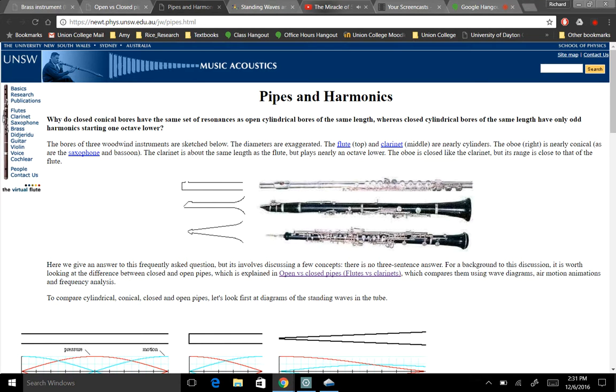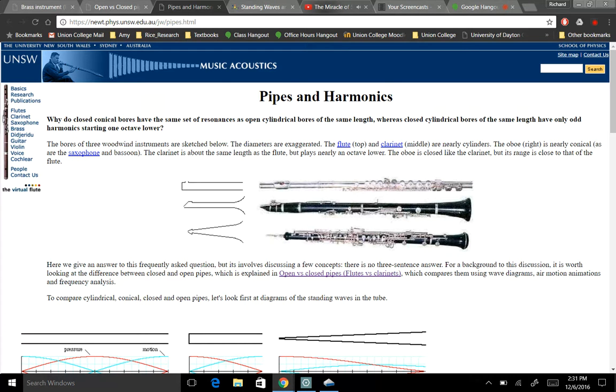So I was happy to see that Aaron brought a clarinet, because a clarinet is essentially a cylinder, whereas an oboe is essentially a cone. And so the oboe and the clarinet actually have different resonance conditions because they have different shapes inside. The bores are different.